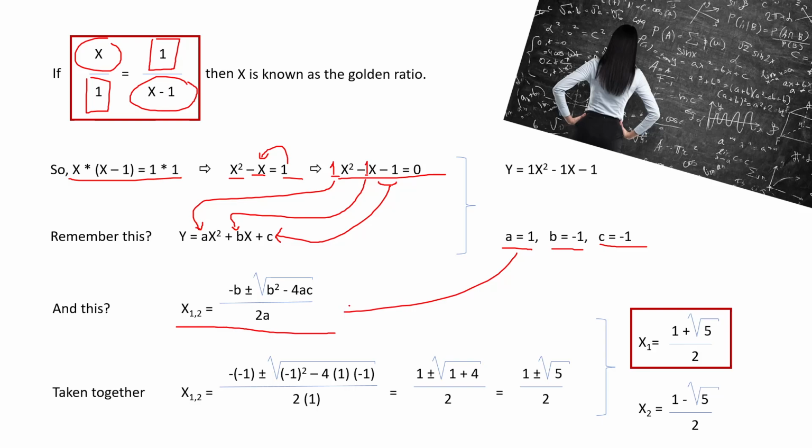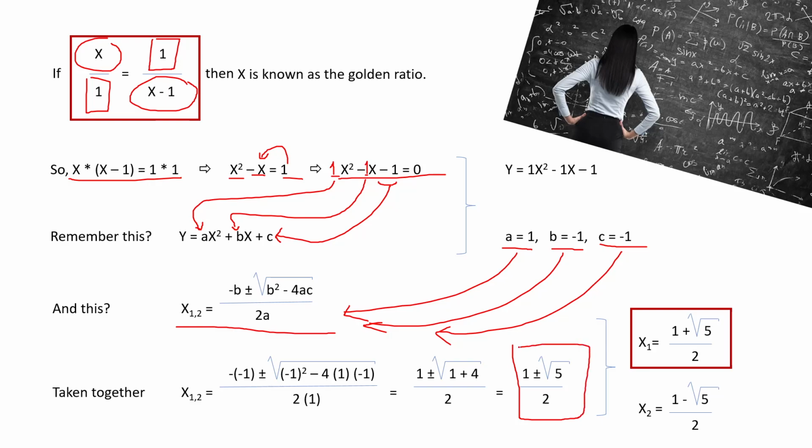You plug those numbers into this equation, and you get x1, x2 equals minus minus 1 plus or minus the square root of minus 1 squared minus 4 times 1 times minus 1, over 2 times 1. You do your maths, and you find these are the two solutions.